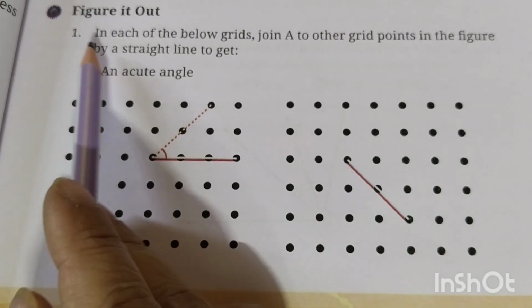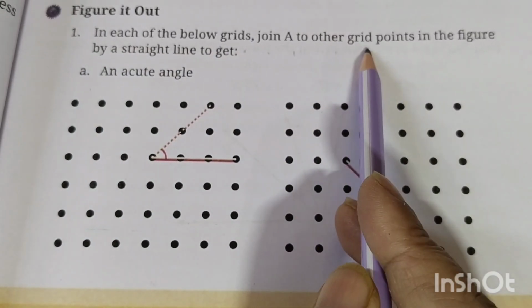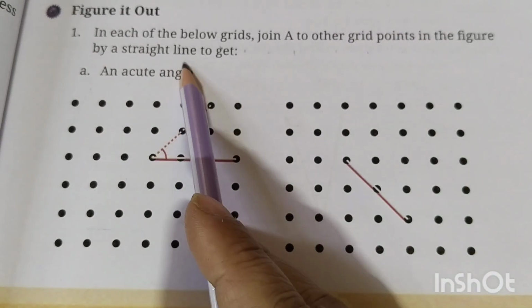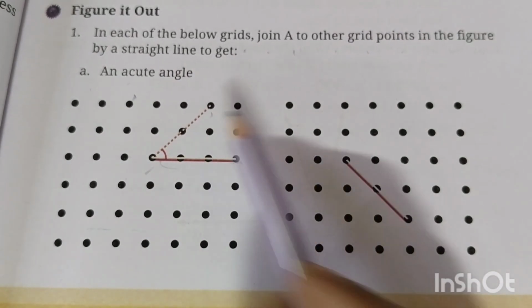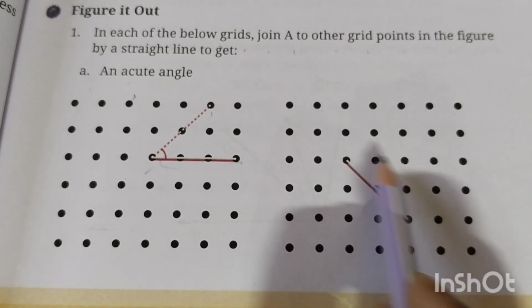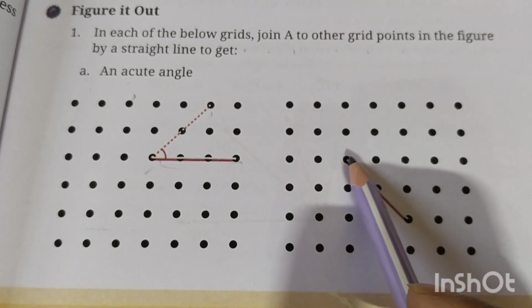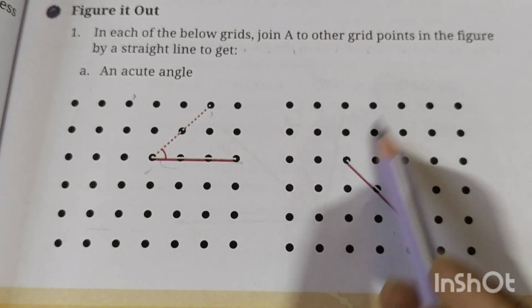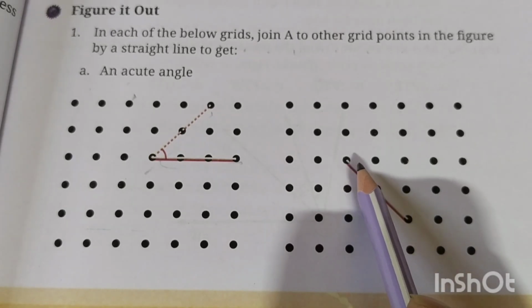First question. In each of the following grids, join A to other grid points in the figure by a straight line to get an acute angle. One is done for you. In the second one, you have to make an acute angle. If we join these 3 points, we get a right angle, but we have to draw an acute angle.